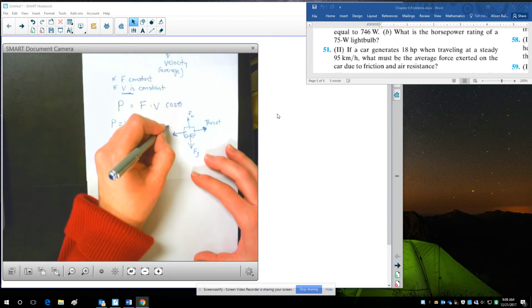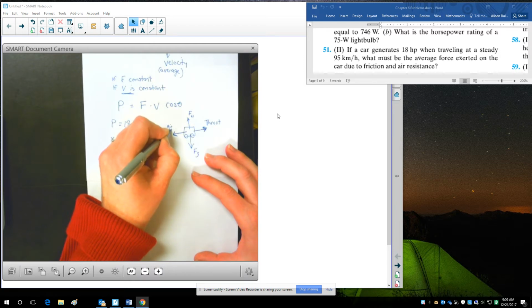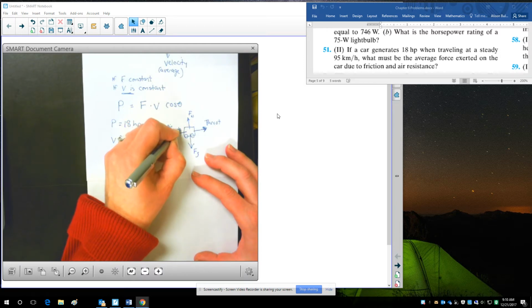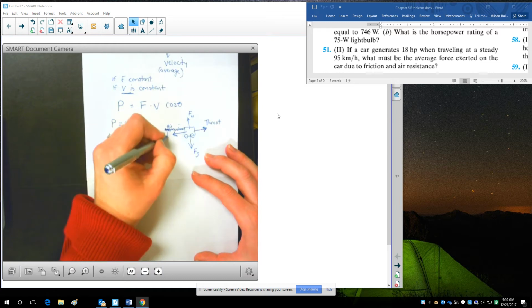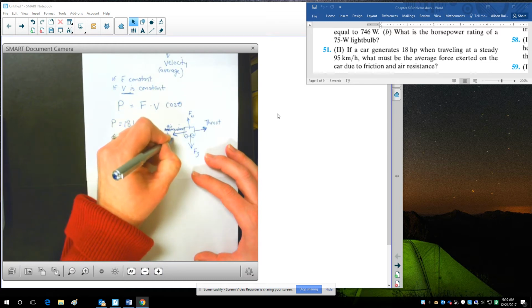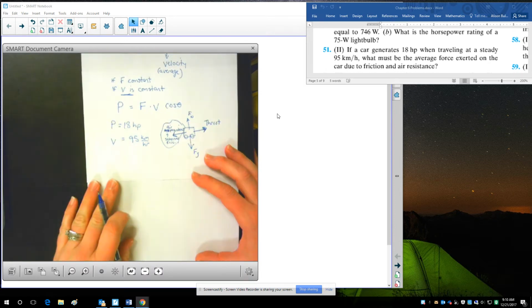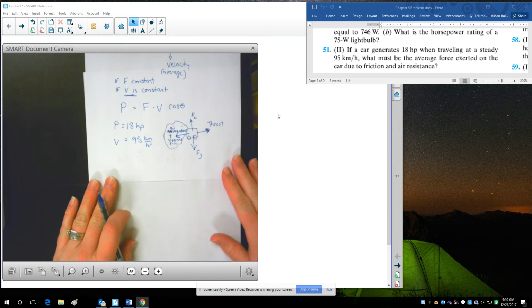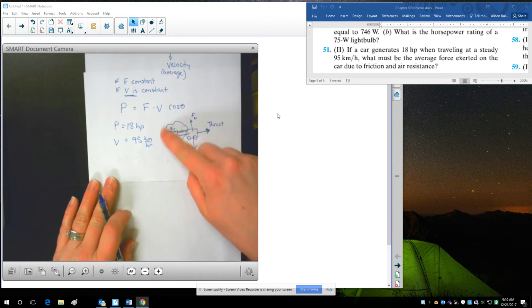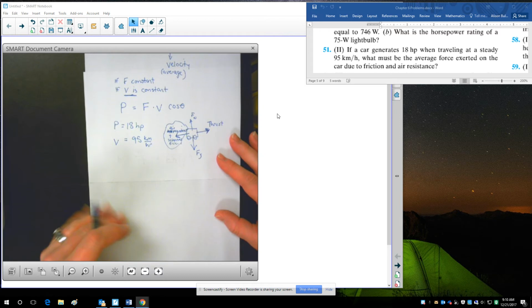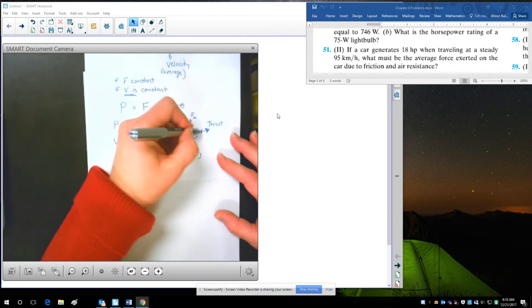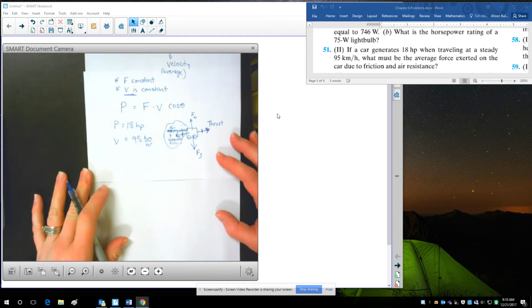Then there's air resistance, and internal friction and all of that other stuff, all those dissipative forces. So we have a forward push and a backwards resistive force. And if it's traveling at constant velocity, those forces, forward and backward, must be in balance.